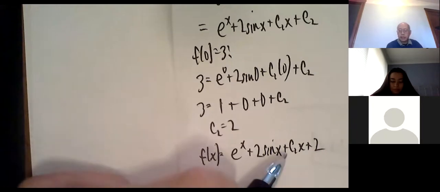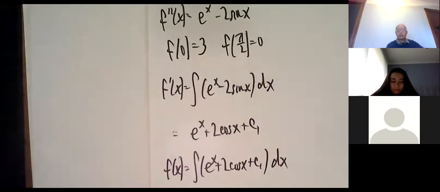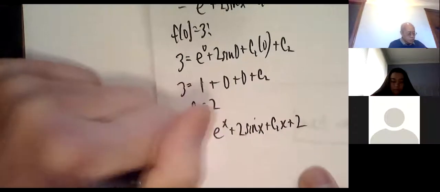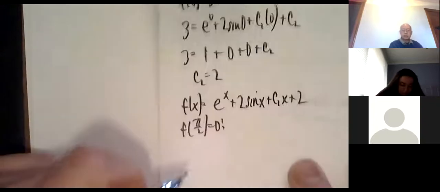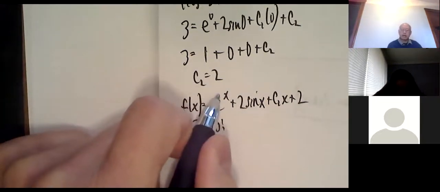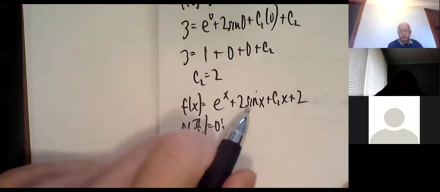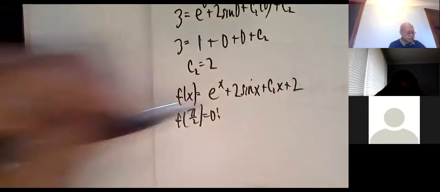So you say, how do I find c1? Now I plug in f of pi over 2 equals 0. So I put pi over 2 here. Oh, that doesn't look very nice at all. E to the pi over 2. Oh, well. Put a pi over 2 here, and hopefully I can find c1.